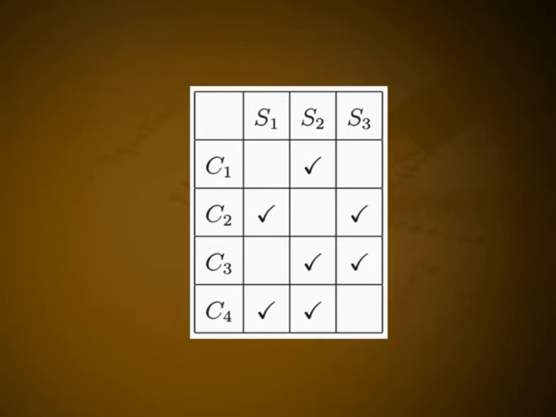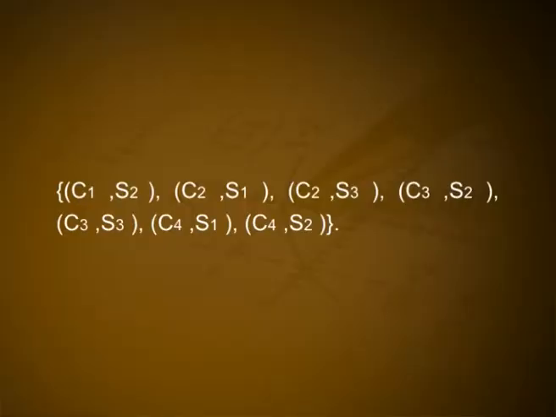We can see that there are check marks in the cells corresponding to (C1, S2), (C2, S1), (C2, S3), (C3, S2), (C3, S3), (C4, S1), (C4, S2). It is clear that there is a relation defined from C into S. It is represented by the set of all ordered pairs (C1, S2), (C2, S1), (C2, S3), (C3, S2), (C3, S3), (C4, S1), (C4, S2).